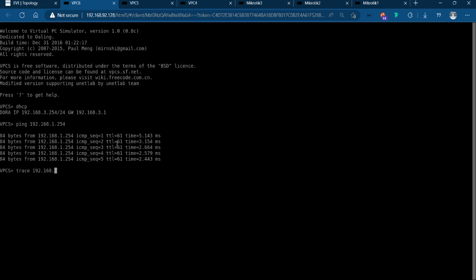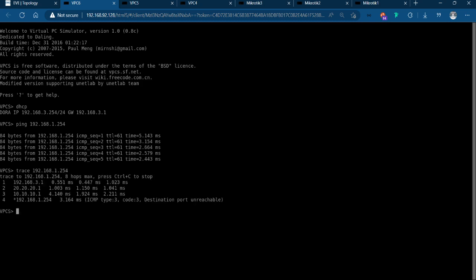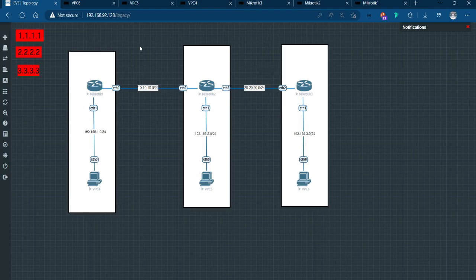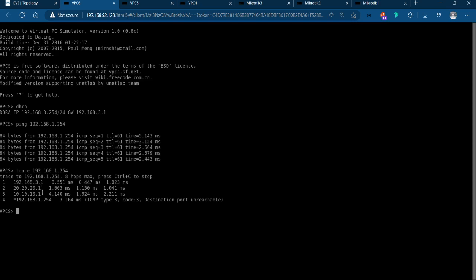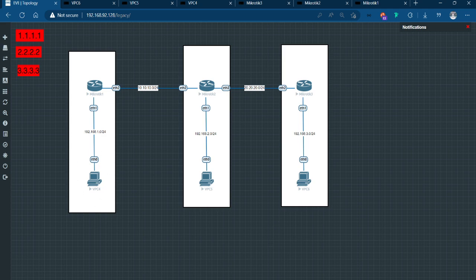It goes through the routers, uses this gateway, sends to 10.10.10.1, and arrives at this VPC.